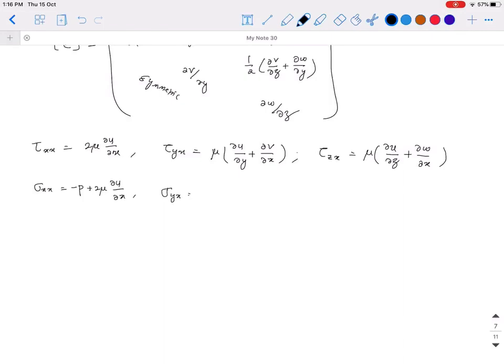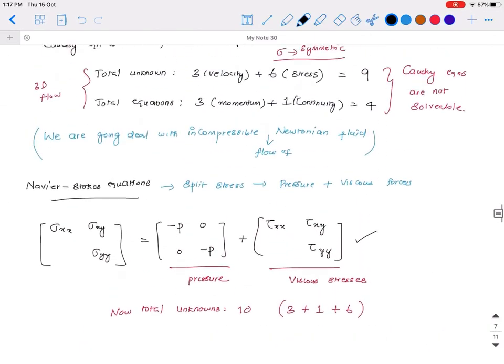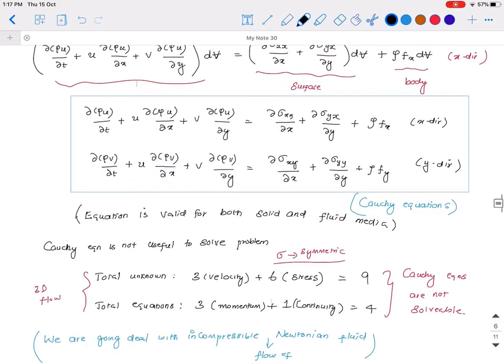Sigma yx would be the same, okay, because only the diagonal component will get an additional pressure term. Okay, so if we go back to the momentum equation, or the x direction Cauchy equation, we have this term.